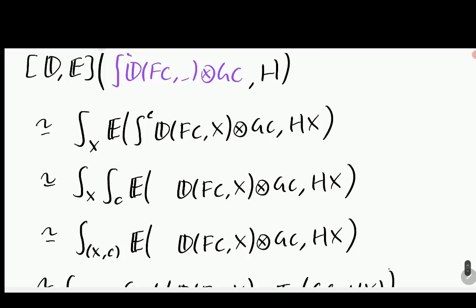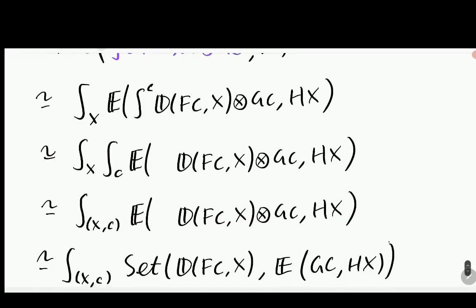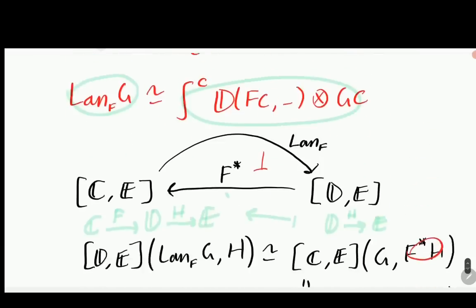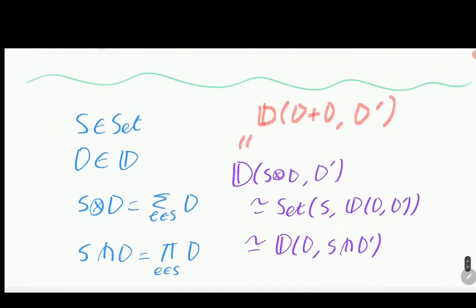Now we can apply Fubini's theorem because we're integrating over C and then integrating over X. Well, why not integrate over both at the same time? Now, if we look in here, we have this copowering here, and we recall that we can rewrite this copowering using this kind of formula here as this sort of thing.